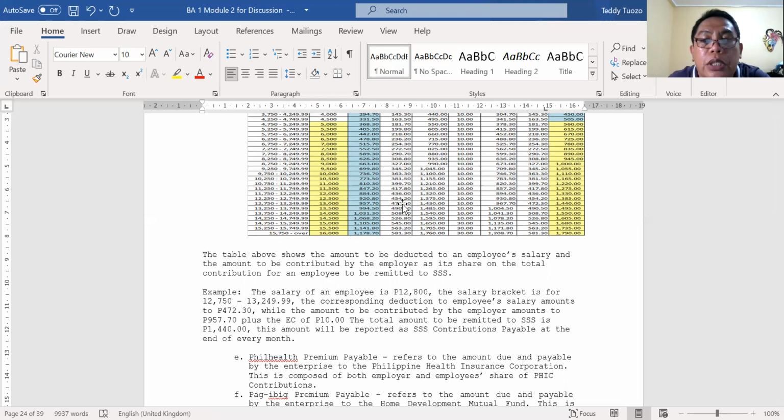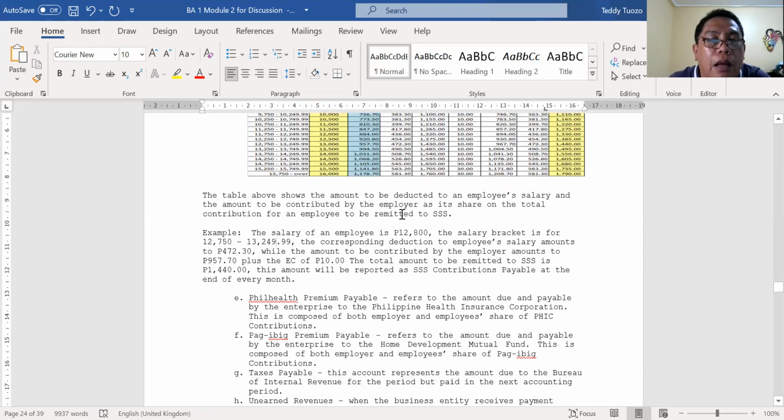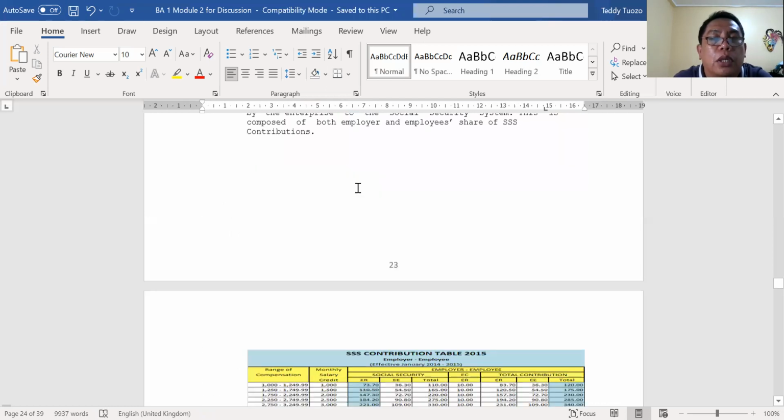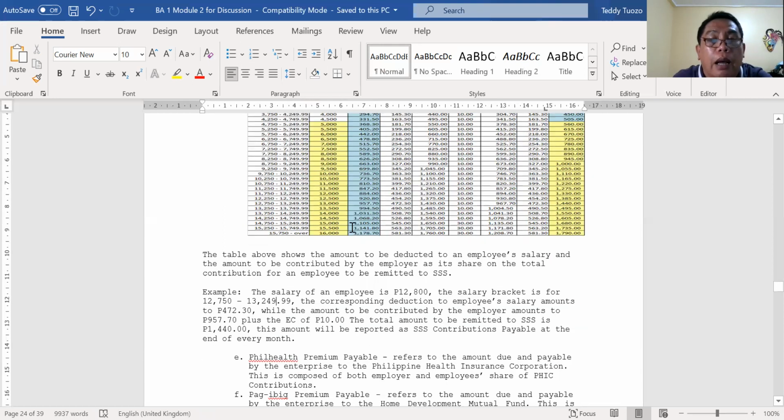And for the employer share, it would be 957. So the employee share would be 472 pesos and 30 centavos. That is how you are going to look into the SSS contribution table.